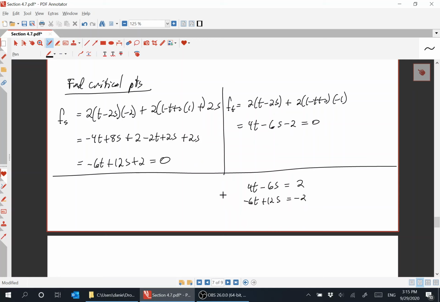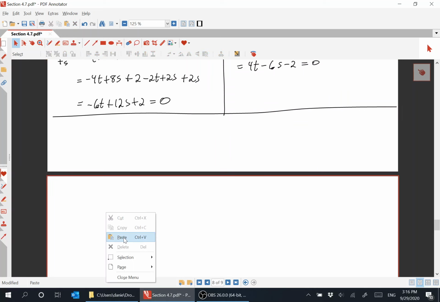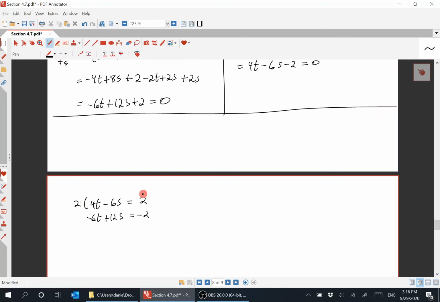Right, these are the two equations that we're working with, and you can solve that in whatever ways you want. I would multiply the top equation by 2 and add them. So I have 8t minus 6t is 2t, minus 12s plus 12s is 0, equals 4 minus 2 is 2, so t equals 1.